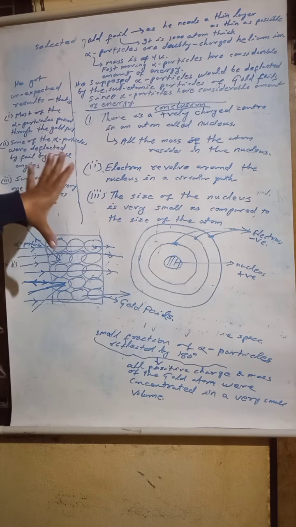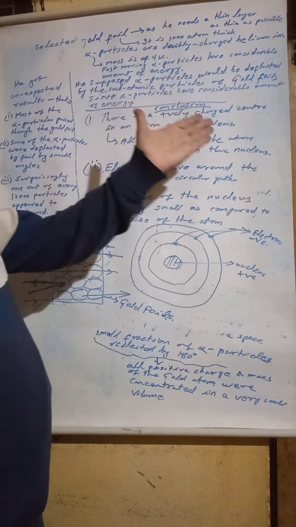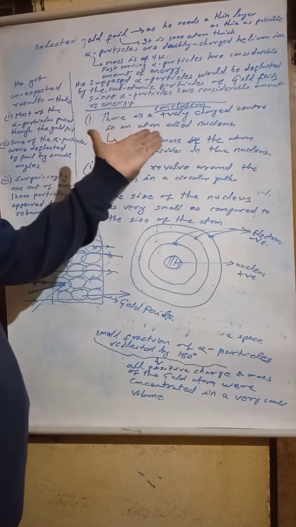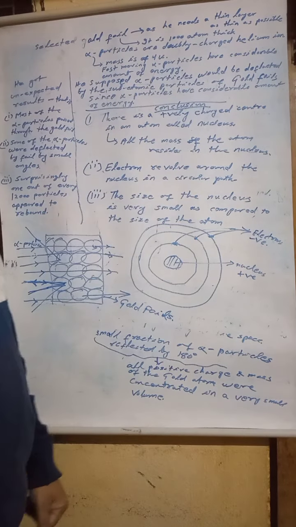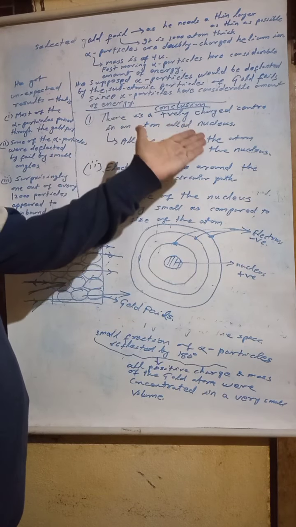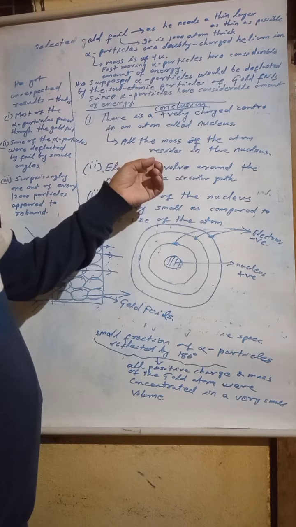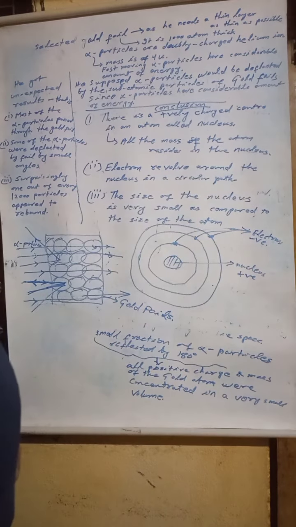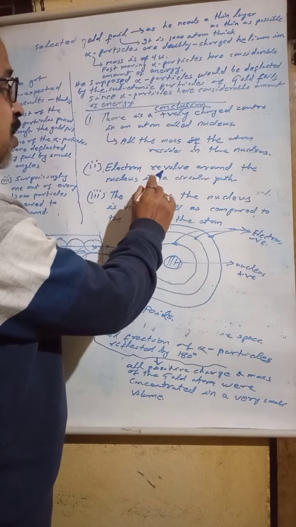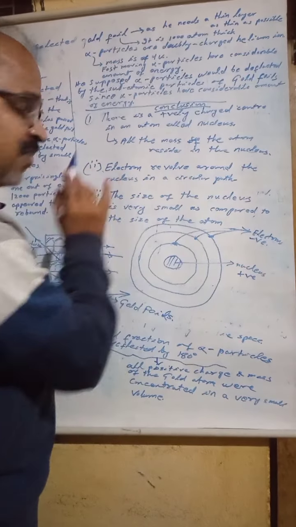From this data, what conclusion did he get? There is a positively charged center in an atom called the nucleus, and all the mass of the atom resides in the nucleus.